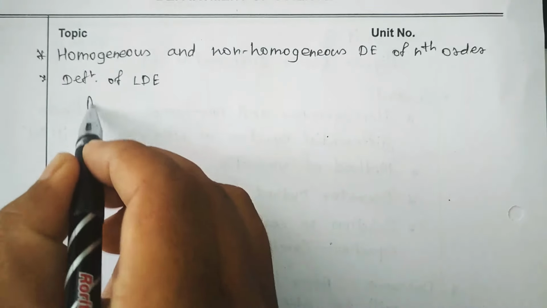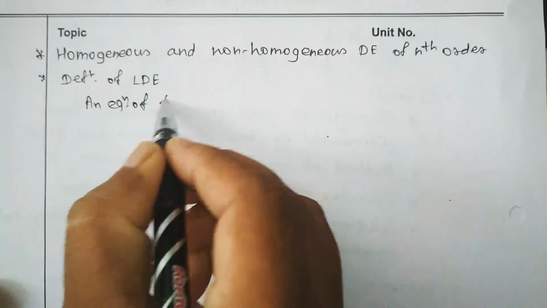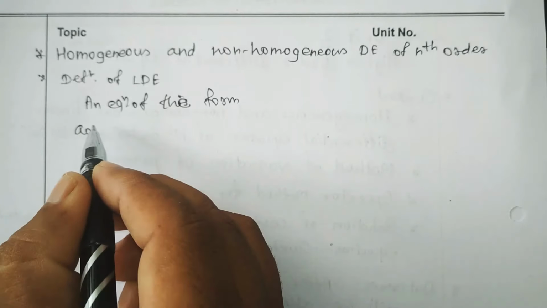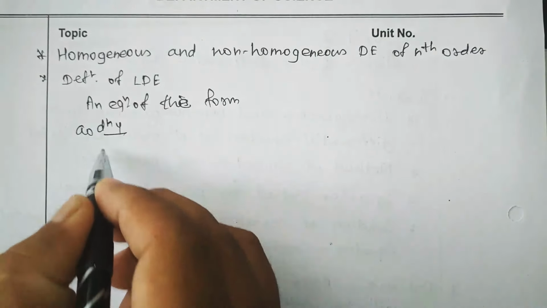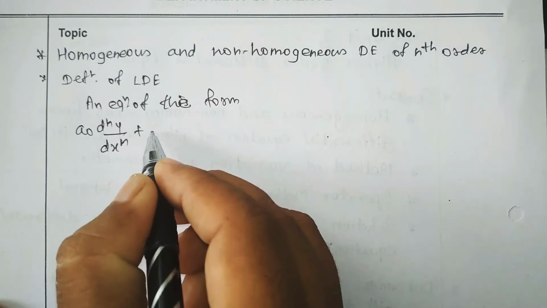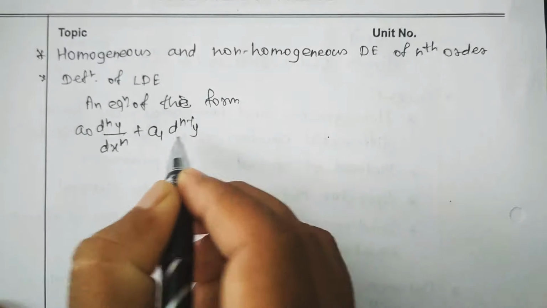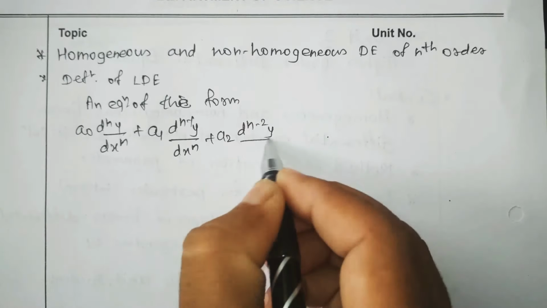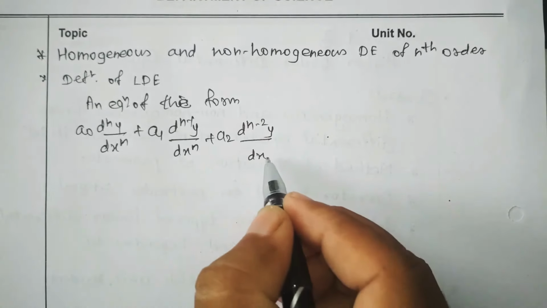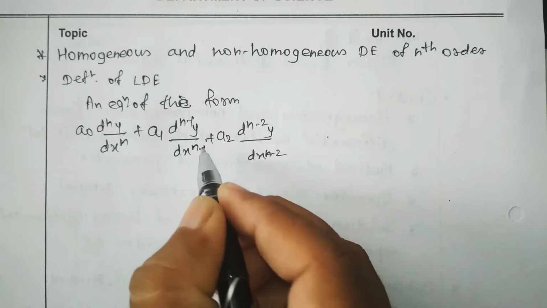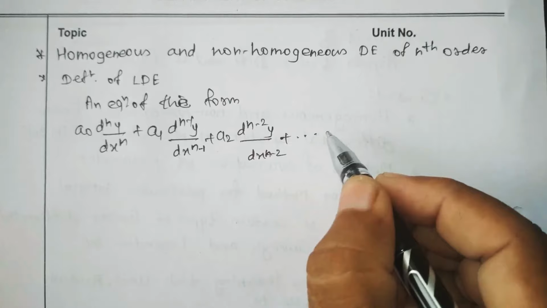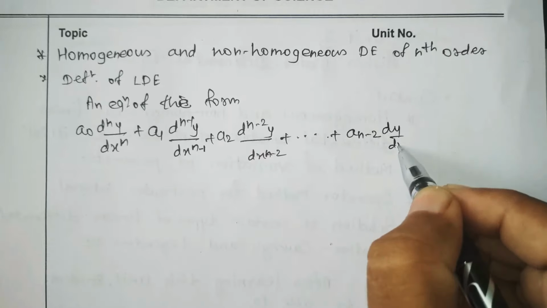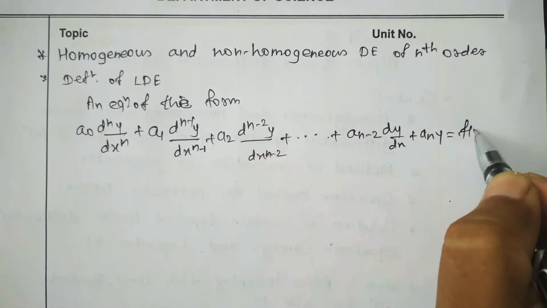An equation of the form a0 d^n y by dx^n plus a1 d^(n-1) y by dx^(n-1) plus a2 d^(n-2) y by dx^(n-2) plus dot dot dot, then a(n-1) dy by dx plus an y is equal to f of x.